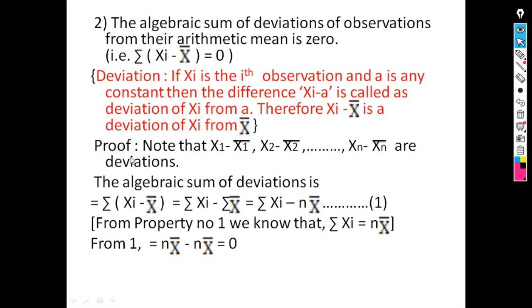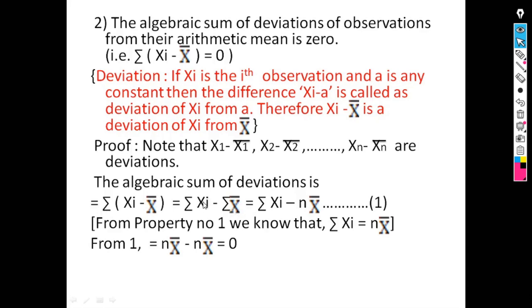Now the proof. Let x1 minus x bar, x2 minus x bar, up to xn minus x bar be the deviations. The algebraic sum of deviations, summation of xi minus x bar, is equal to, distributing the summation sign into the bracket, summation of xi minus summation of x bar.